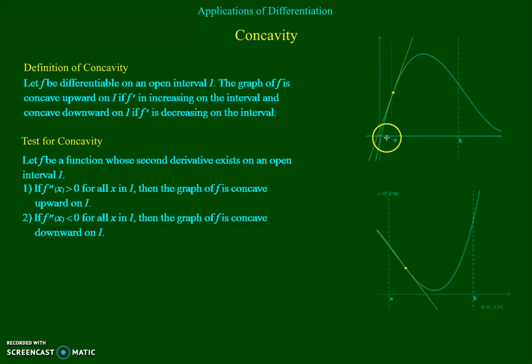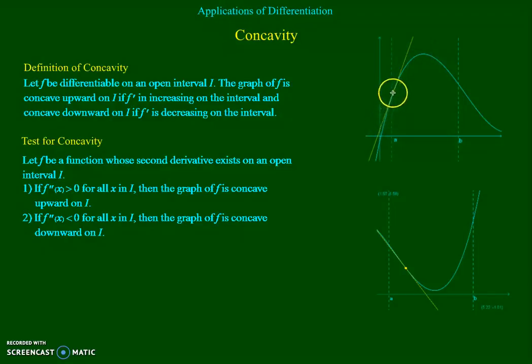We're going to be looking at concavity on a particular interval of a graph, at the behavior of this graph between two endpoints. In general, we're going to be looking at concavity of entire functions and where a function is behaving based on this curvature.